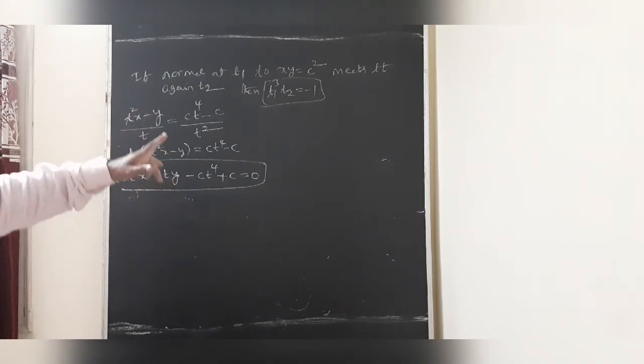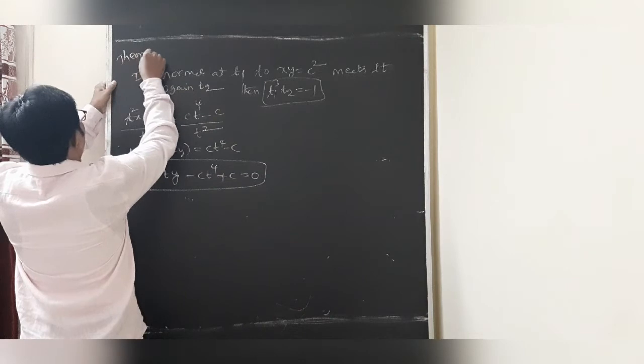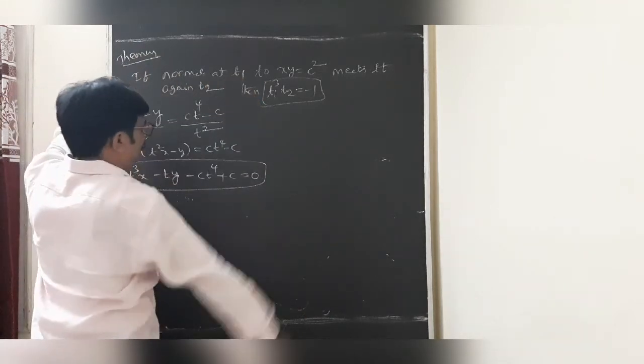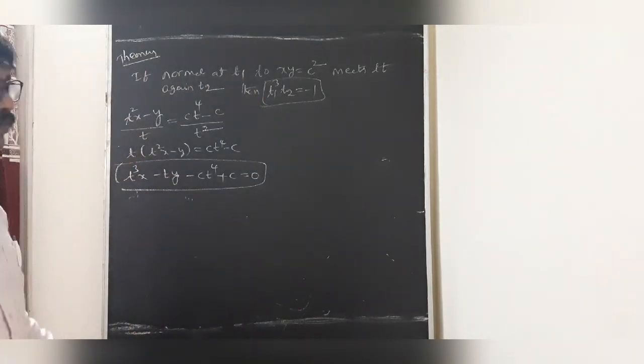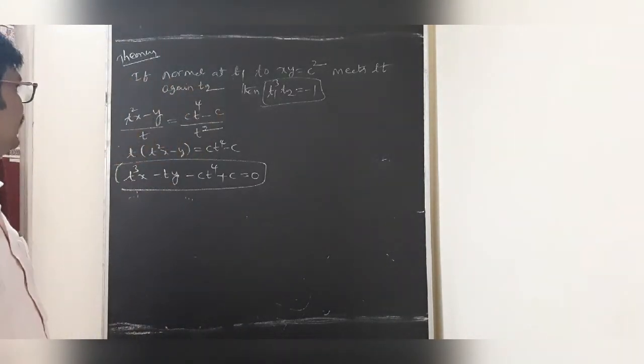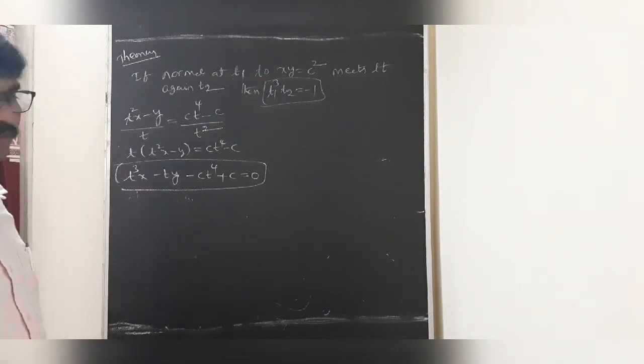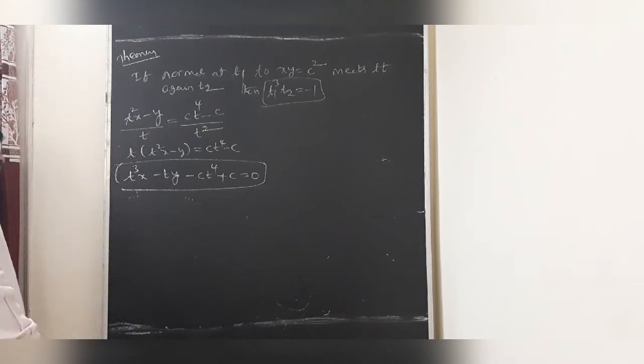So the theorem: the normal at the point t₁ to xy = c² meets it again at t₂, then t₁³t₂ = −1. How to prove this?